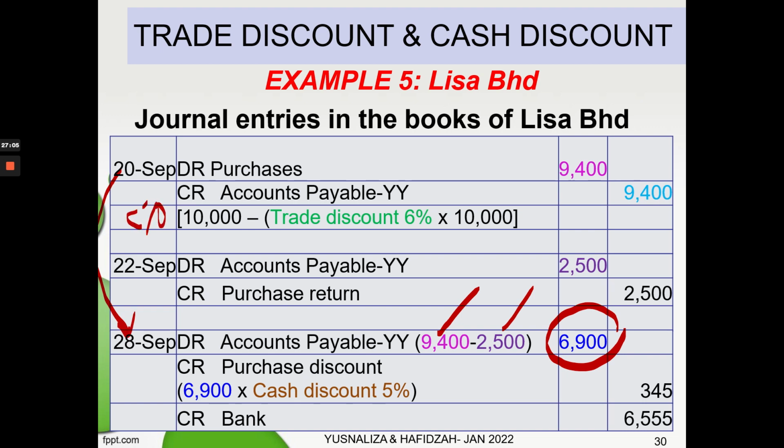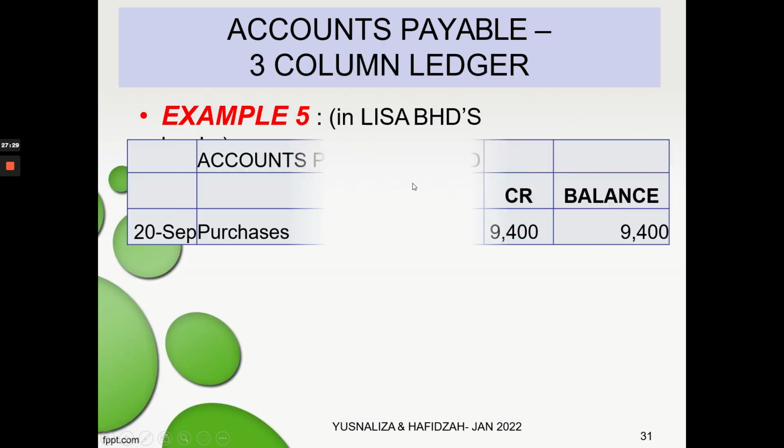So you are entitled to the 5% cash discount based on 6,009, so 345. So the one that you credit to your bank account, which shows the outflow of the economic benefits of cash, is 6,555. The accounts payable were fully paid in this example of Lisa Bhd.